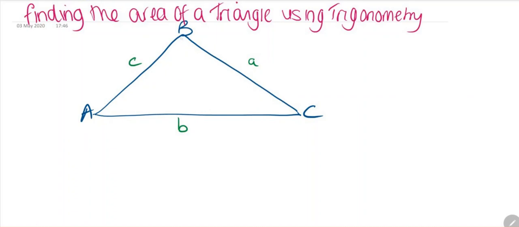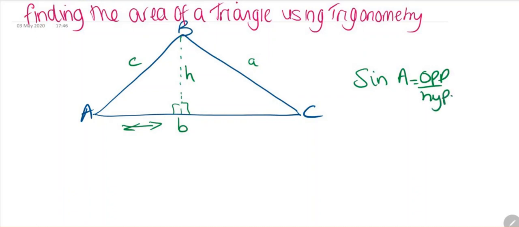So if we divided our triangle down into a right angle, we would have two triangles, and we'd be able to say this is the height. So if we were trying to find the length of this here, we would use the formula, which would be the sine of A is opposite over hypotenuse.